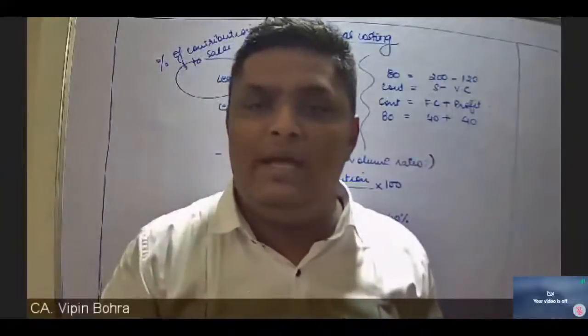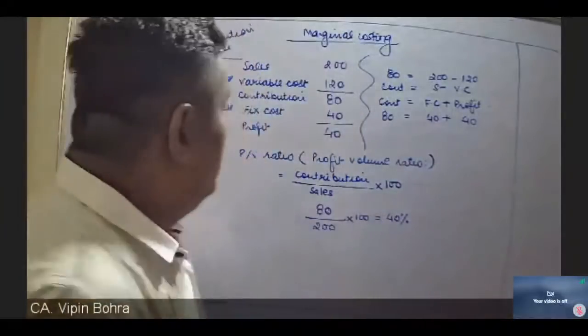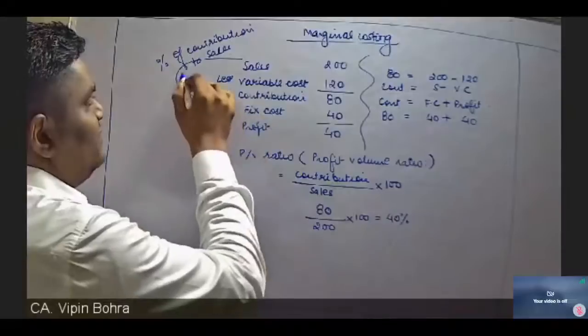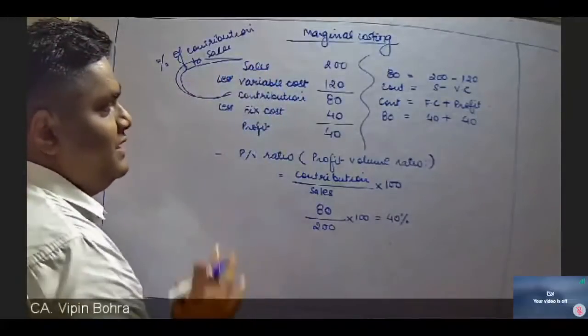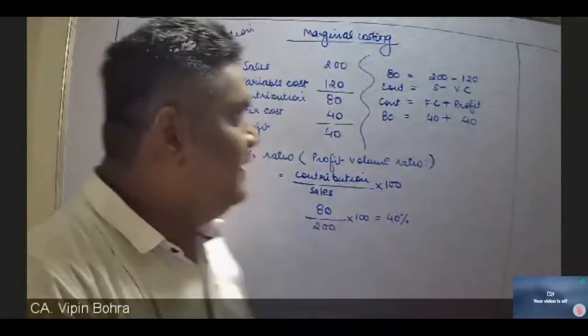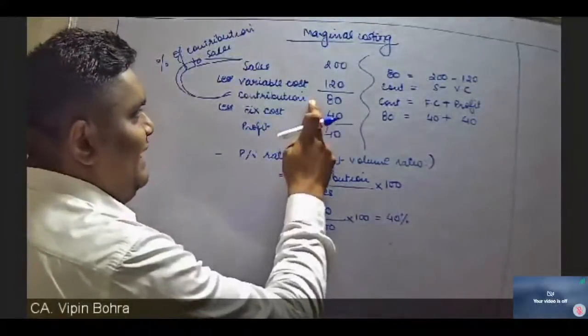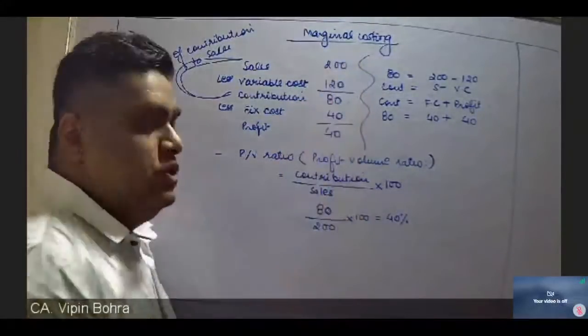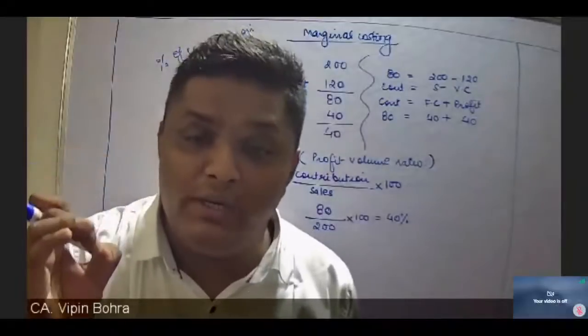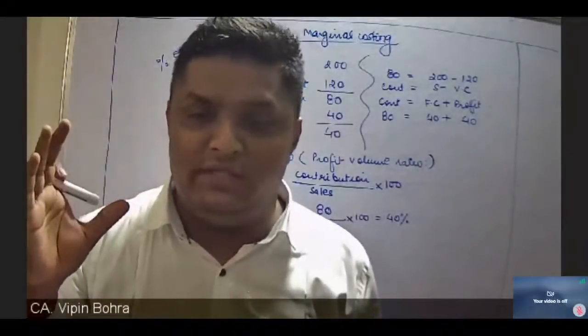What is the percentage of my contribution to sales? That is my PV ratio. So in the given case, my contribution is 80, my sales is 200. So I can say my contribution is 40% of sales.